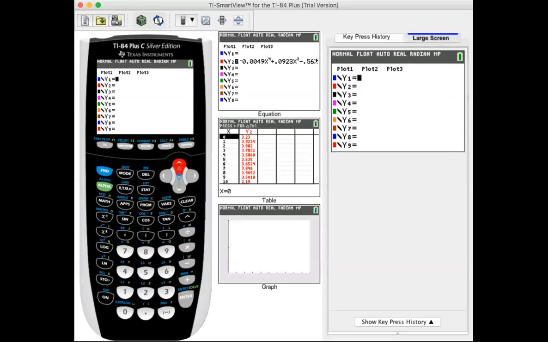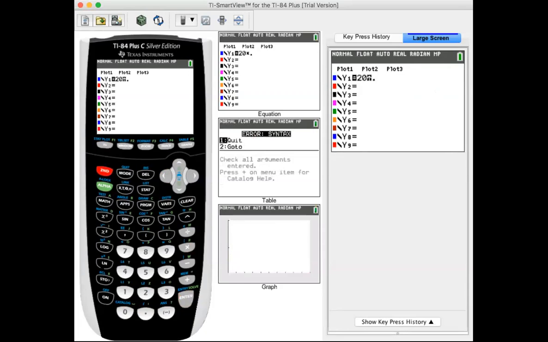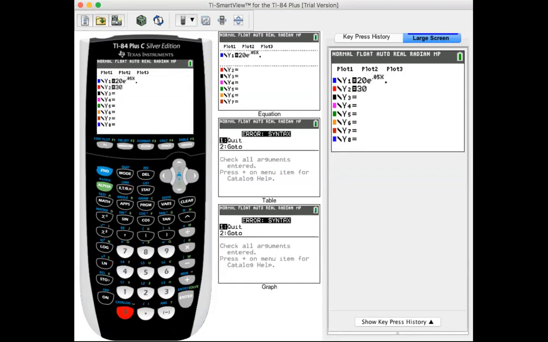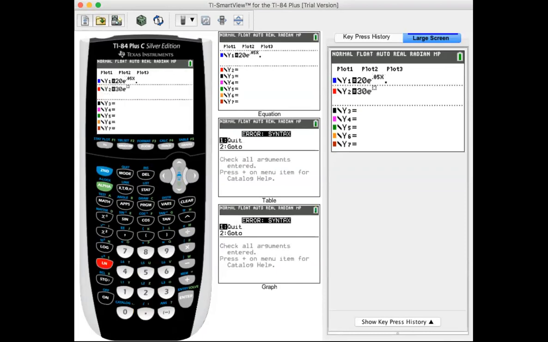One was, I think, 20 times e raised to the 0.05x, and the other was 30 times e to the 0.03x. See, this one starts off with less, but it's growing faster. This one starts off with more, but it's growing slower.